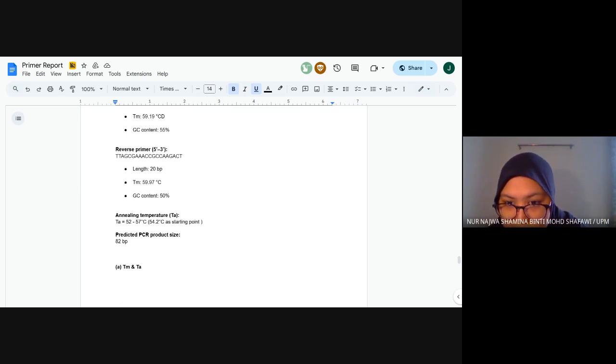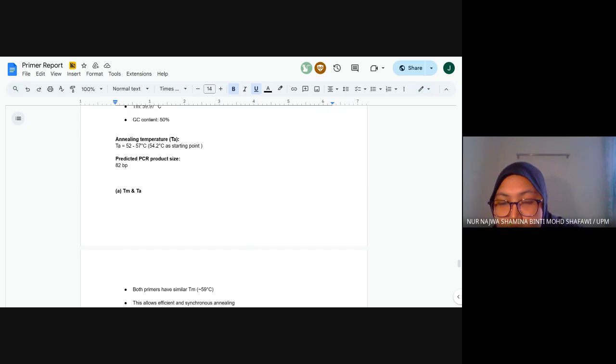So the annealing temperature is one of the most critical factors for a successful PCR. Because both primers have very similar melting temperatures around 59 degrees Celsius, we can achieve efficient and synchronous annealing during the cycle.